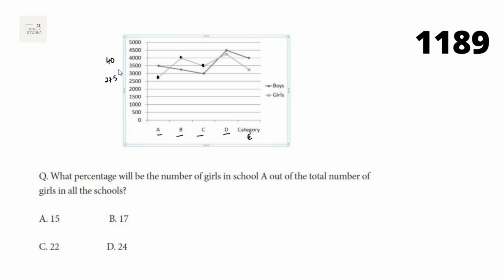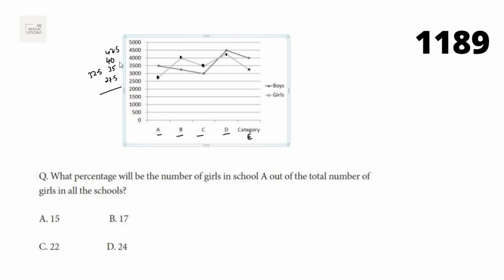This is C at 35. This is D between 40 and 45, let it be 42.5. And E is between 30 and 35, let me call it 32.5.